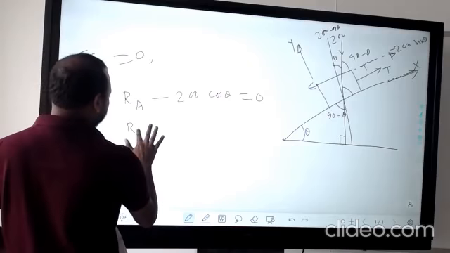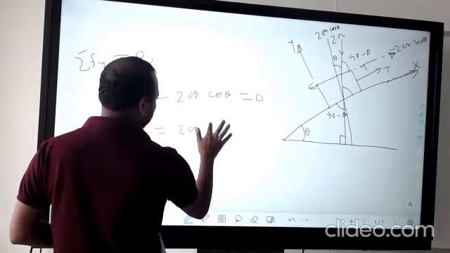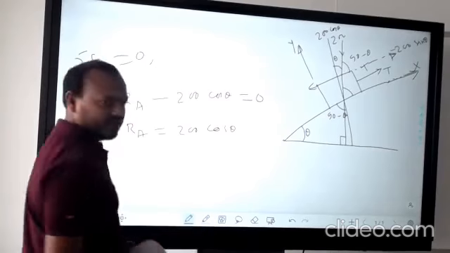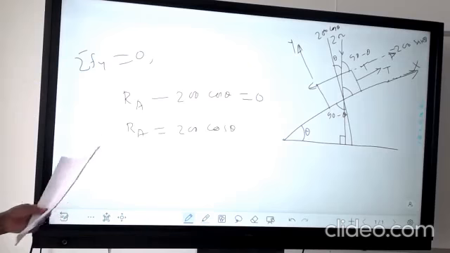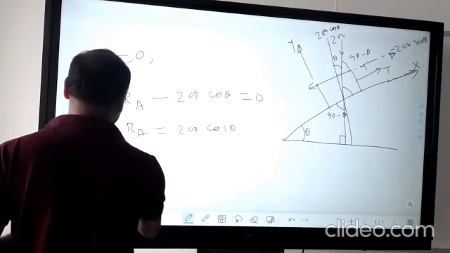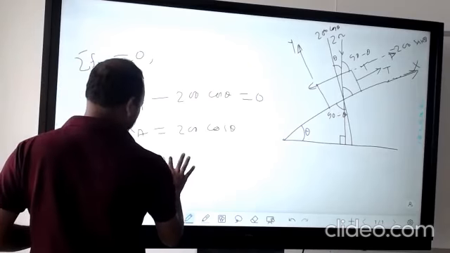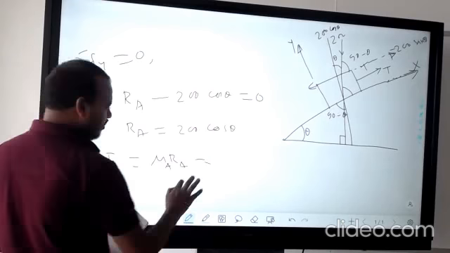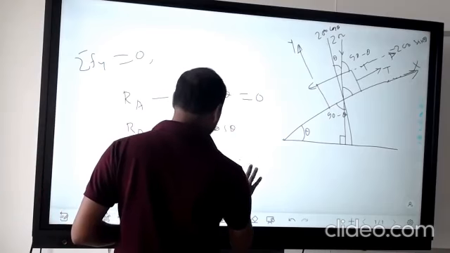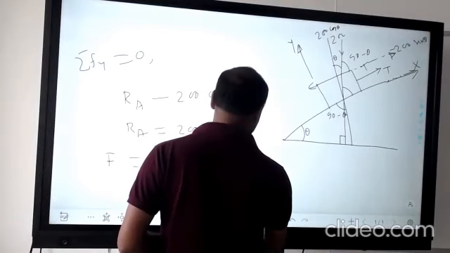Then R_A will be 200 cos theta. Clear? Then we know F is equal to mu into R_A, so from this you can calculate F. Mu is given, mu A actually, 0.2 into this value 200 cos theta.